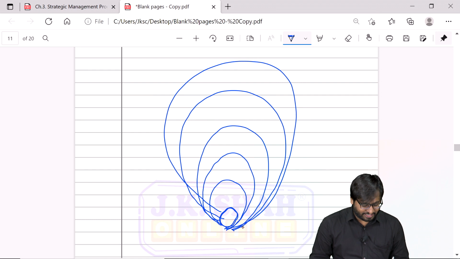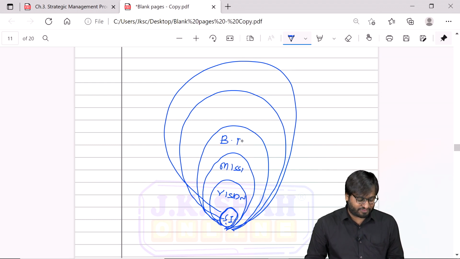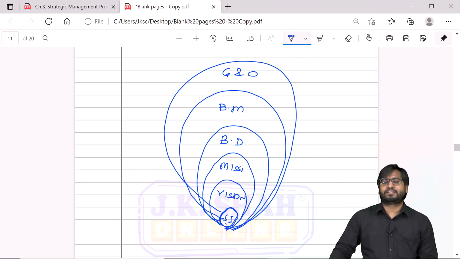If I can say this is strategic intent. From strategic intent we will get our vision. From our vision we will get our mission. Then we will have our business definition. Then we will have our business model. Thereafter we will have something called as goals and objectives.